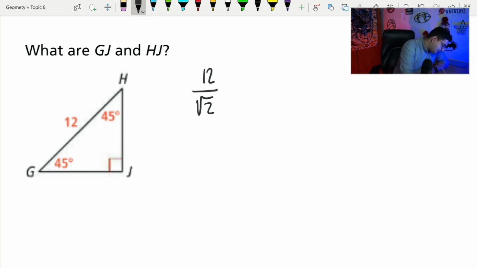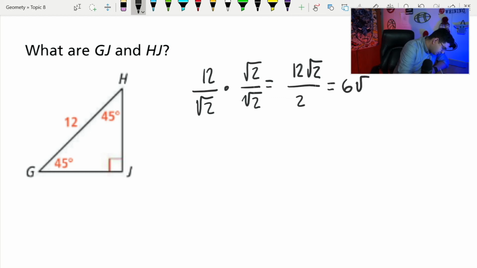So the way we fix that is we multiply by that radical in the form of 1. And then this turns into 12 square root 2 over the number 2, which is just 6 square root 2. Okay, so now I know that these two legs are 6 square root 2.